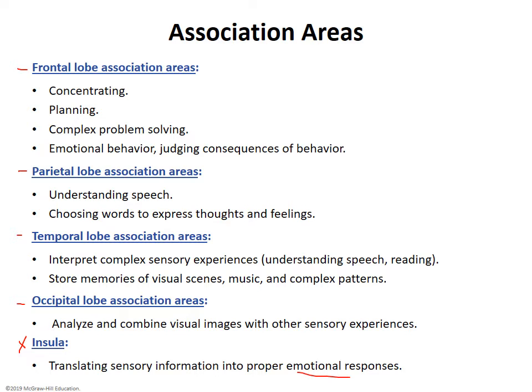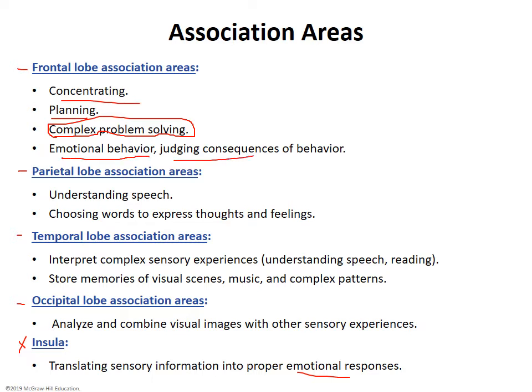So the frontal lobe, if we were looking at it as sensory or motor, is motor. But it is the area where we remember complex things. Even if you might not think about it, simple things like tying your shoelaces are a complex problem. This is where we work out problems. It is planning, concentrating. This is where our emotional behavior is.